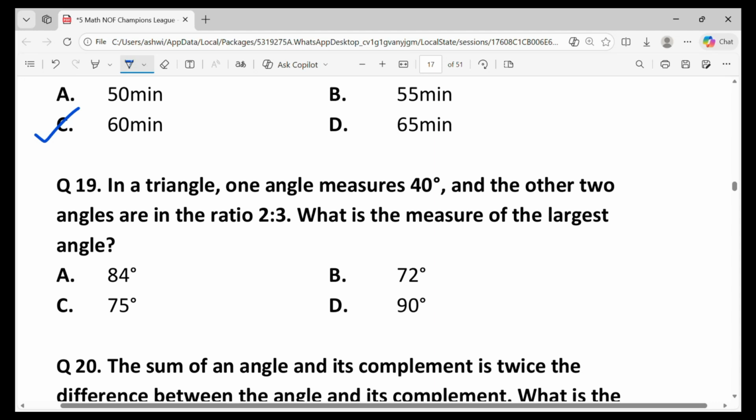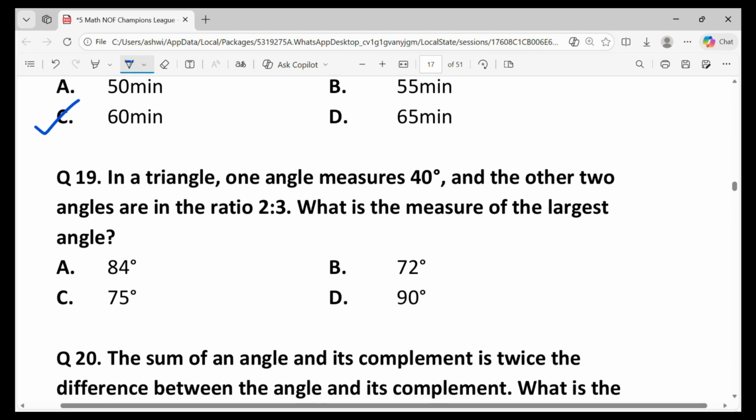Question 19. In a triangle, one angle measures 40 degrees and the other two angles are in the ratio 2:3. What is the measure of the largest angle? The sum of angles of a triangle is 180 degrees. So the sum of the other two angles will be 180 minus 40, that is equal to 140. Let the two unknown angles be 2x and 3x, that is 2x plus 3x is equal to 140.